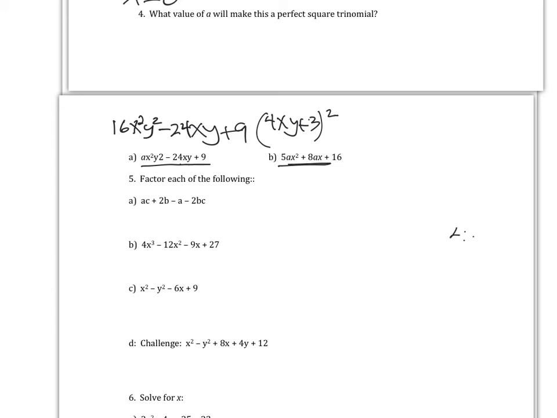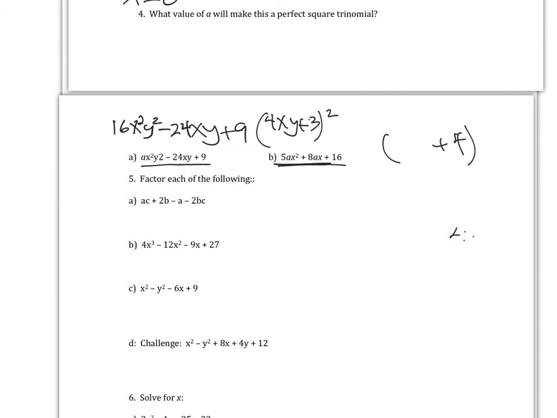Okay, over here, let's take a look at this. We have a showing up in 2 places. So we know we're going to end up here with plus 4. And the question is, what are we going to have in the beginning here? Well, we know that 5a has to be a perfect square. So either a is itself a perfect square or a has to be equal to 5.